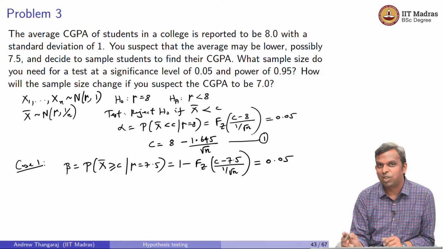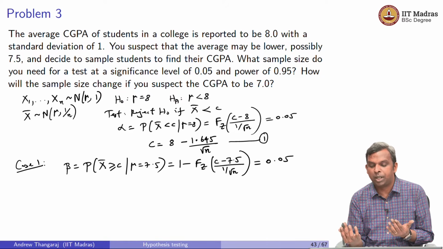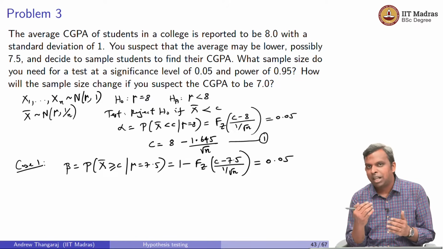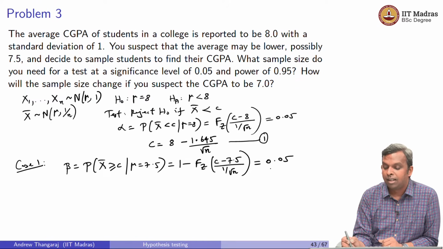So this gives you two equations, two variables. You just equate and you're going to get n. Same as before, and you'll see a similar sort of formula will work out.